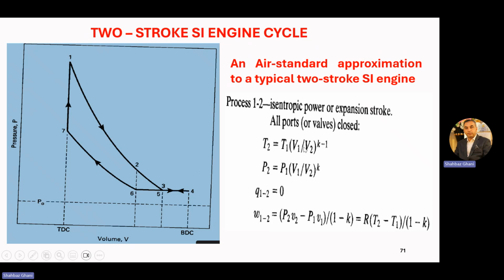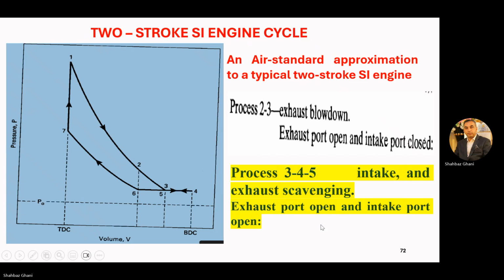The temperature-volume equations, pressure-volume equation, and specific work equation apply. Now, process 2 to 3 is exhaust blowdown. The exhaust ports open and the intake port is closed. When the piston reaches point 2, it uncovers the exhaust ports. So 2 to 3 is exhaust blowdown.